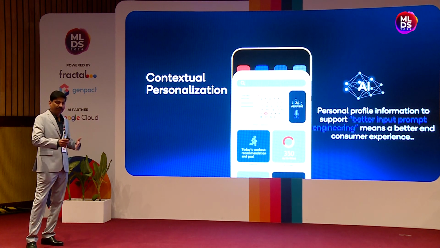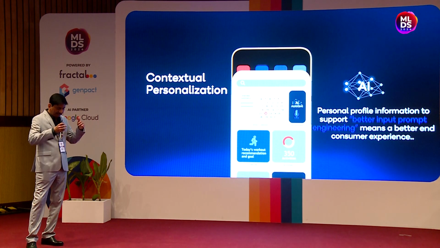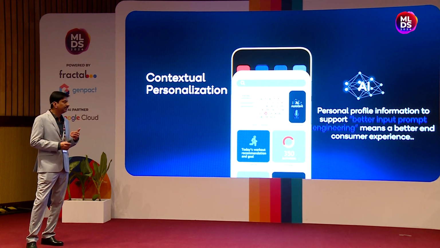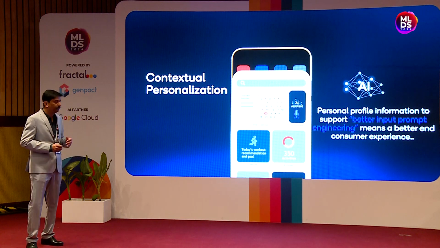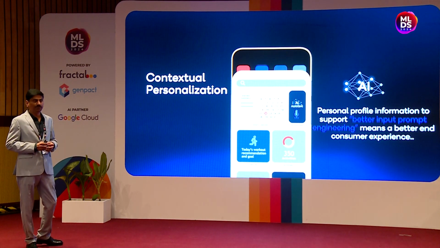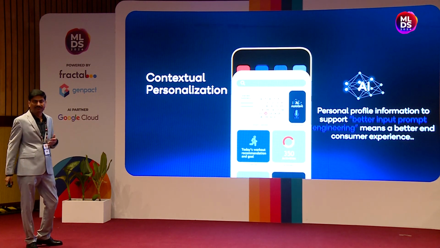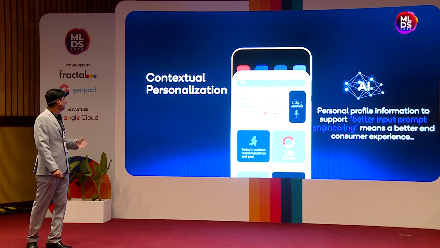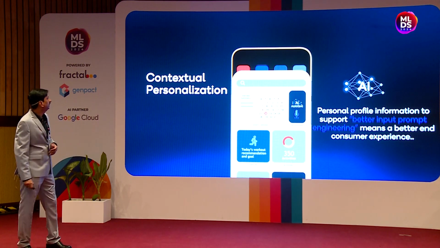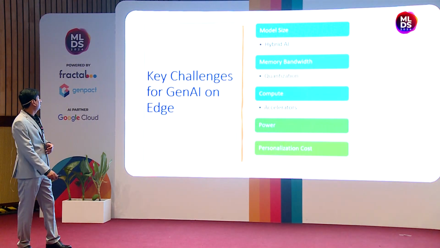Now it can use this information, and this information can reside within the mobile itself, so that your personal and security information does not need to go to the cloud. It does the prompt engineering of the input text and gives you a customized response for each person, rather than the same monotonous response where, if somebody asks the same phrase, it gives the same answer as long as the seed value is the same. That has to change, and that will be done on the mobile side using this context personalization.